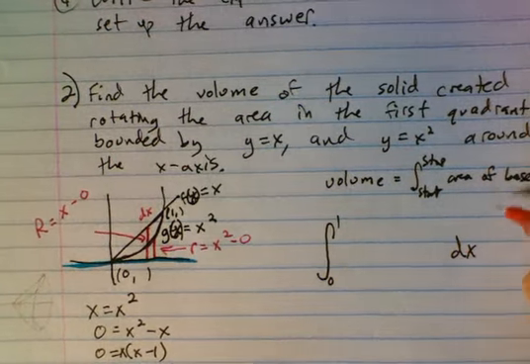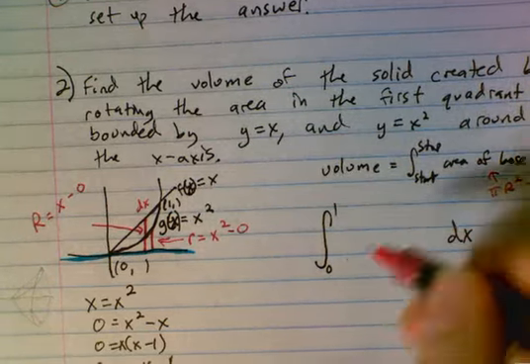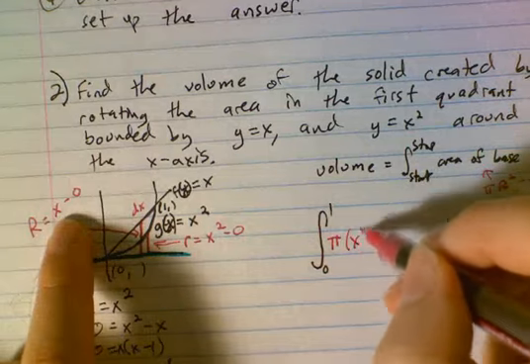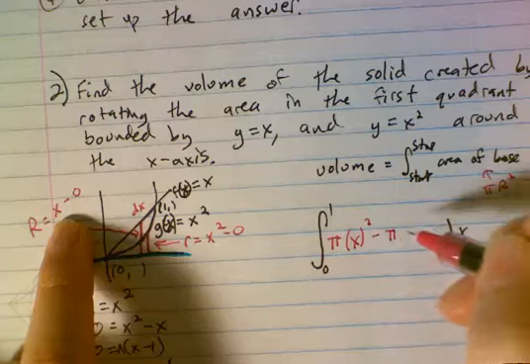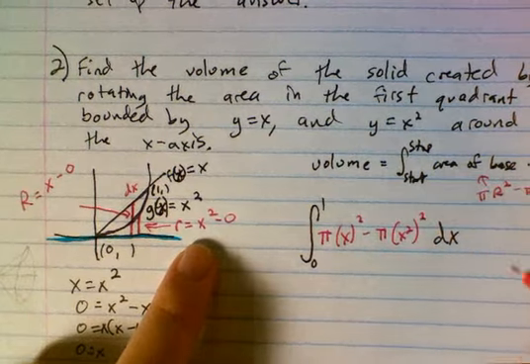So when we come to do our equation, we're doing pi big R squared minus pi little r squared. So pi big R squared is just x, minus pi times little r squared, x squared squared.